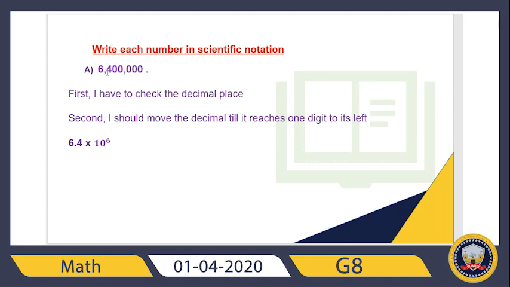I will just write the whole numbers regardless the zeros. So here I will just write 6.4.